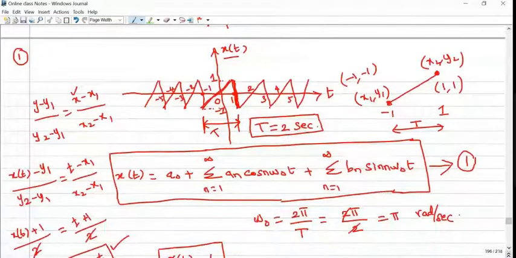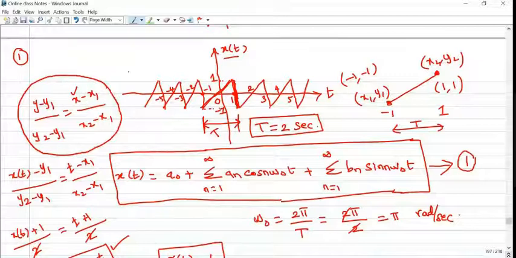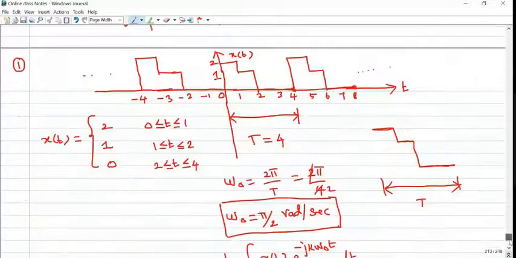When this kind of signal is given, to find the x of t expression for each time interval, use this formula: y minus y1 divided by y2 minus y1 equal to x minus x1 divided by x2 minus x1. Here x represents t, and y represents your x of t. This point is x1, y1, and this point is x2, y2.